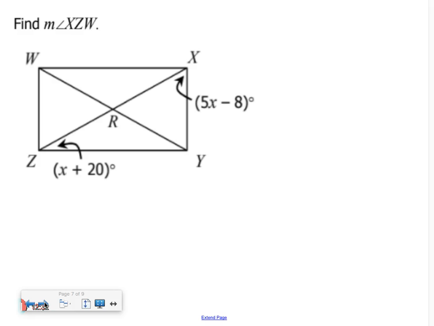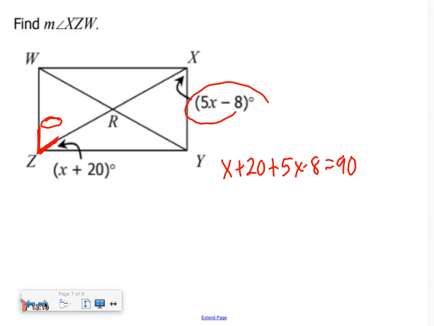All right. Our goal here is to find the measure of angle XZW. So this guy right here. Jacob. Oh, 5x minus 8 is 20. Is he right? So remember, this angle is the same as this one here by alternate interior angles. And we know that those corner angles add to 90. Add like terms.